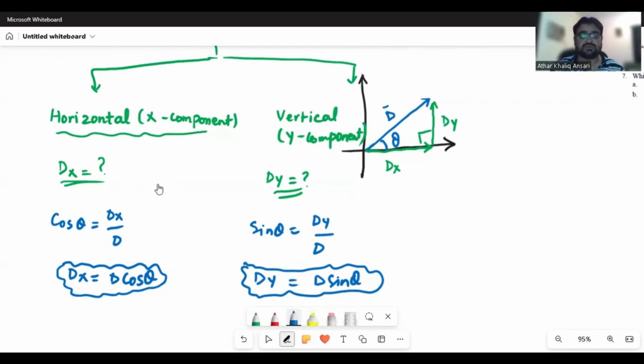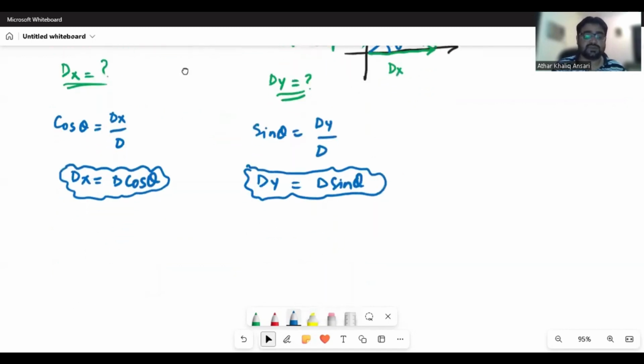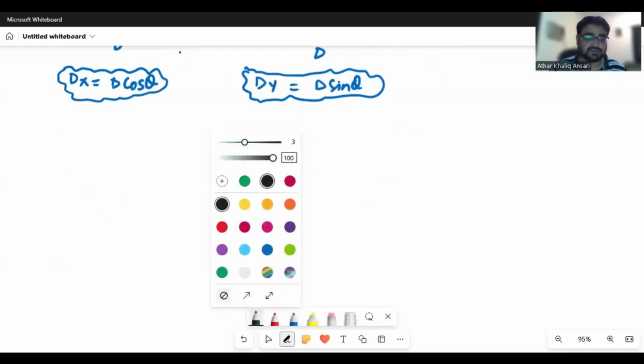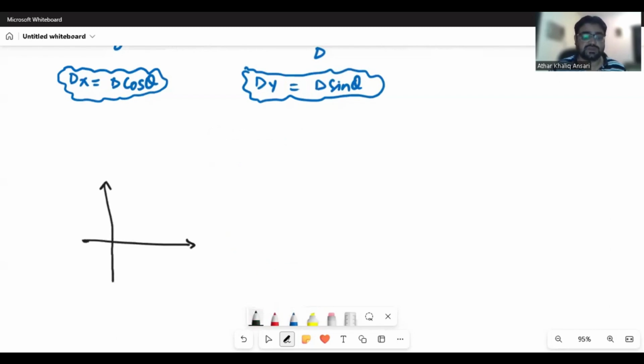But if I change the figure, and the figure comes like this, you might say this is the x-axis, or you can simply say this is the eastward direction and this is the northward direction, and the angle for this vector, let's say this is the velocity vector now, the velocity at angle theta. So in this case, your components might change.